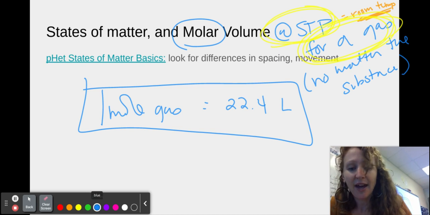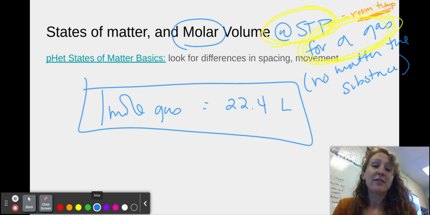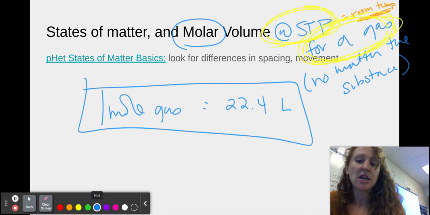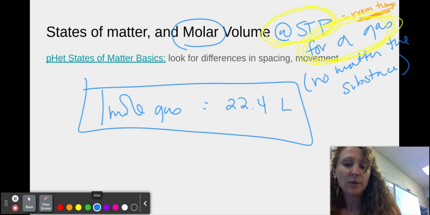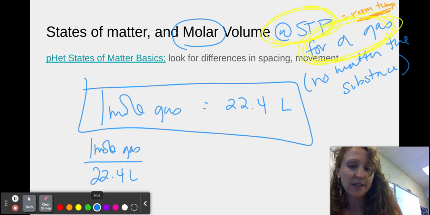But as long as you have a gas at STP, you have another conversion factor, right? You can now convert between moles of a gas and liters of a gas. We can write this equivalent statement as a fraction. 1 mole of a gas over 22.4 liters.